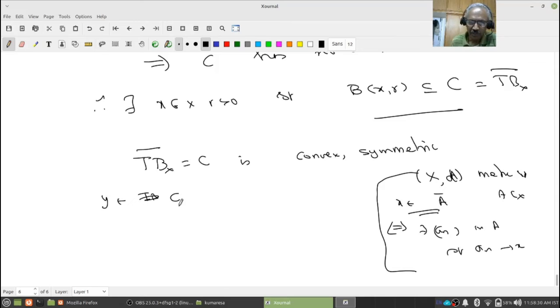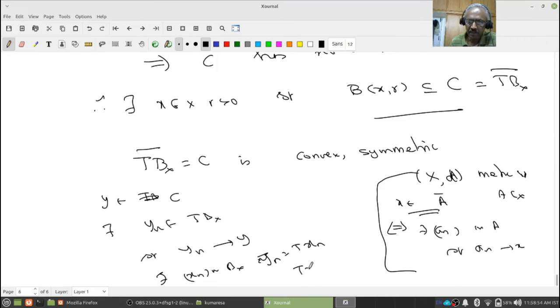Now if y belongs to C and C is T(Bx) closure, that means there exists a sequence yn in T(Bx) so that yn converges to y. But this yn means there exists a sequence xn in Bx so that yn equals T xn and T xn converges to y.